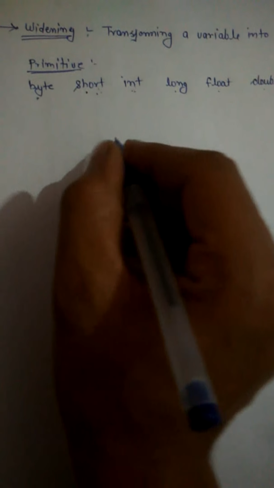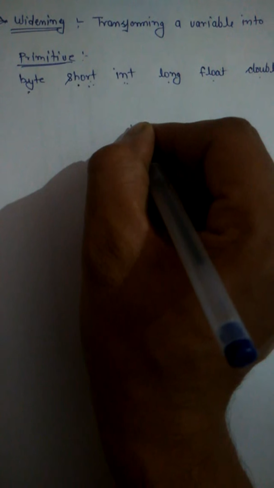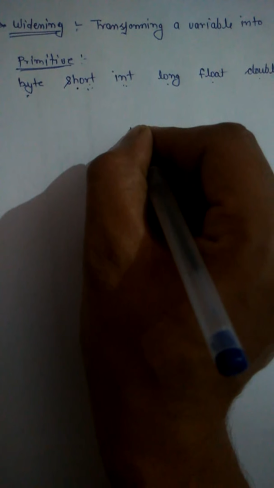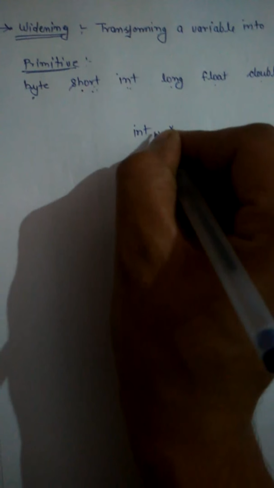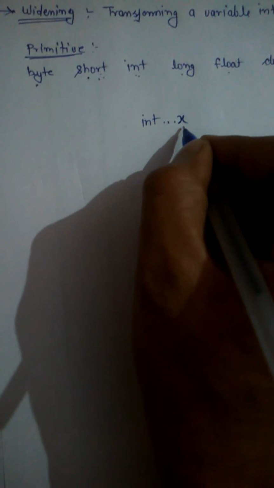Now, variable arguments. What are variable arguments? Suppose I want to create a variable argument of type integer, then it will be created like this: a variable argument x of type integer.